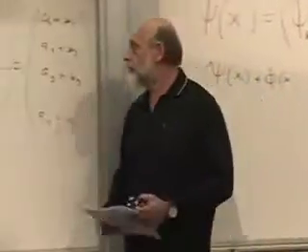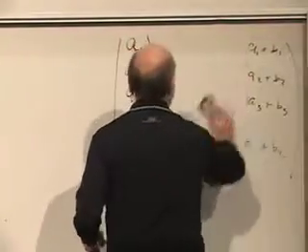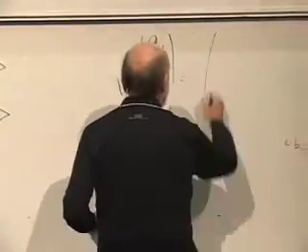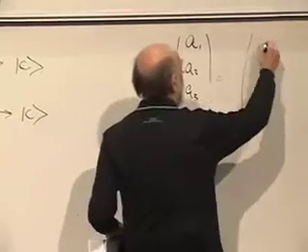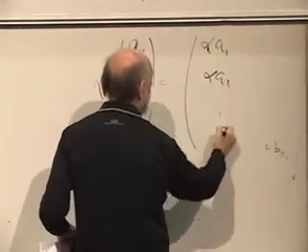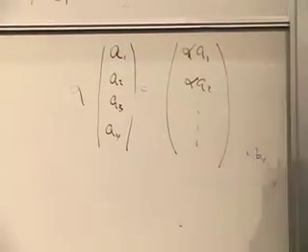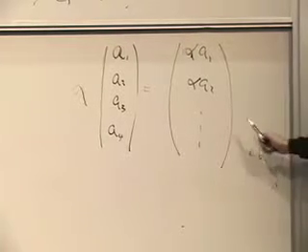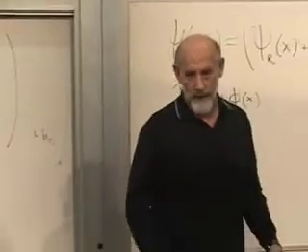Each entry gets multiplied by alpha. And so alpha times a column vector is just a column vector by definition, which is alpha a1, alpha a2, dot, dot, dot. So you can multiply them by constants. It's kind of obvious that this notation here is describing components of a vector.